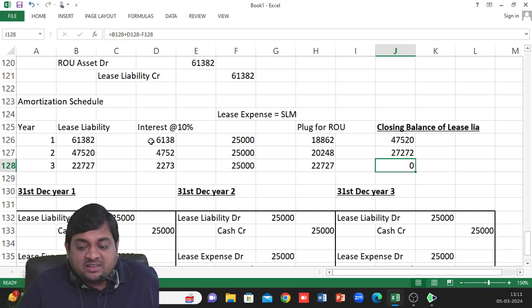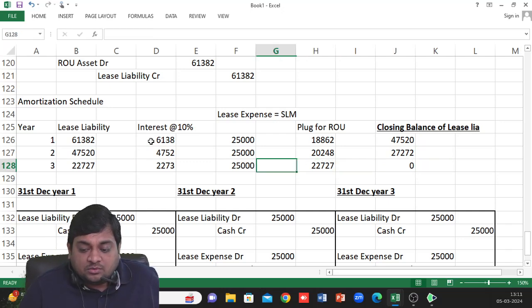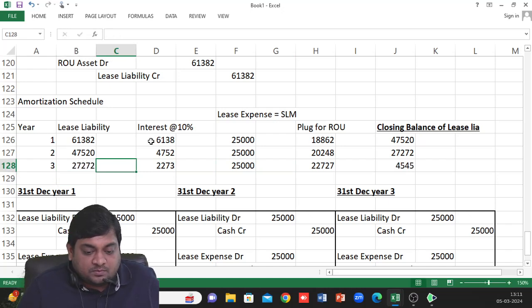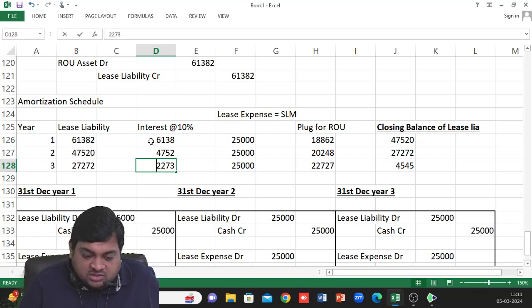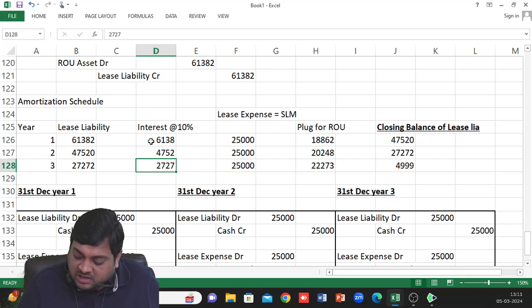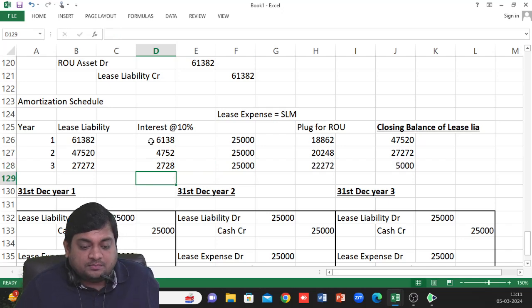So it is 27,272. So this will be 2,727, or 2,728 you take, rounded off.